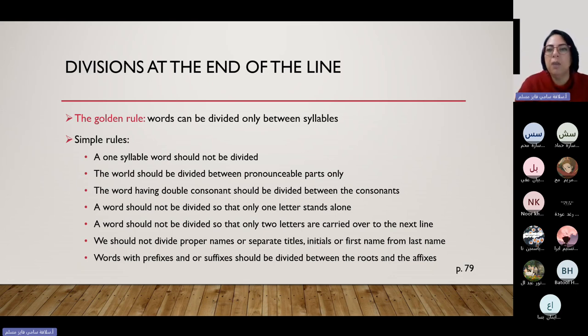The name must be in the same line. I can't do that with Mrs. or PhD either. I can't separate the PH from the D, putting the PH at the end of the line and the D on the line below. It doesn't work.